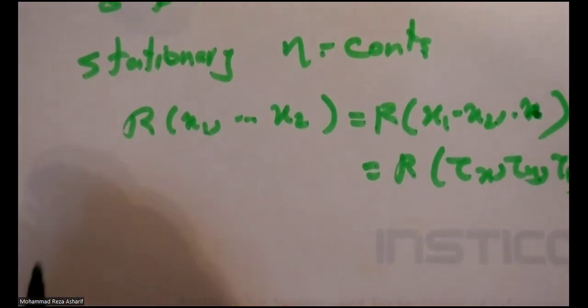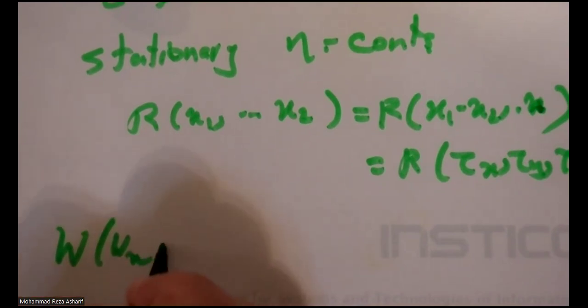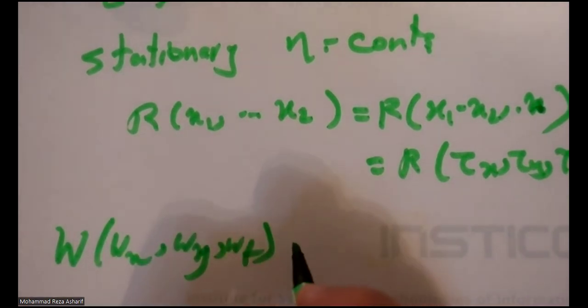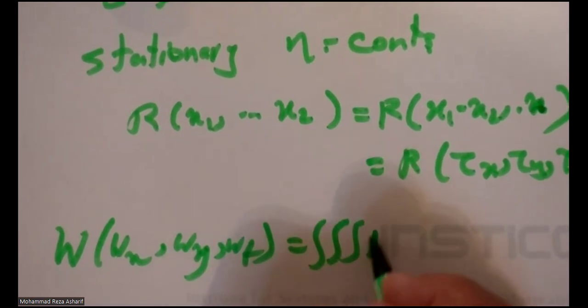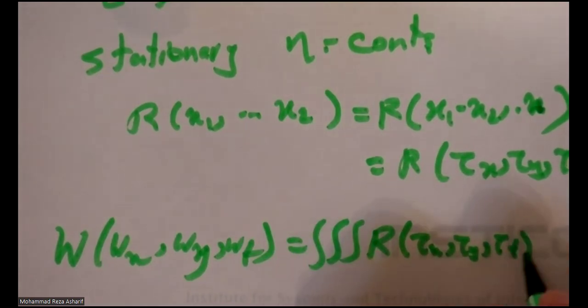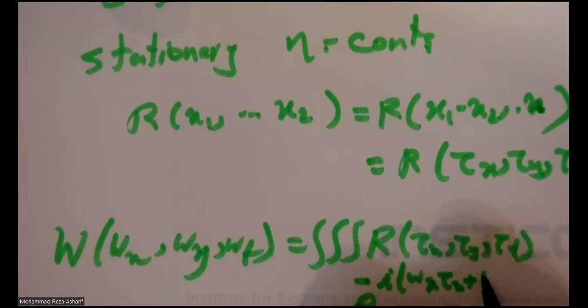Of this function, the Fourier transform is the power density function omega x, omega y, omega t, which is the triple integral of the autocorrelation of tau x, tau y, and tau t multiplied by exponential of minus i, omega x tau x plus omega y tau y plus omega t tau t, d tau x d tau y d tau t.